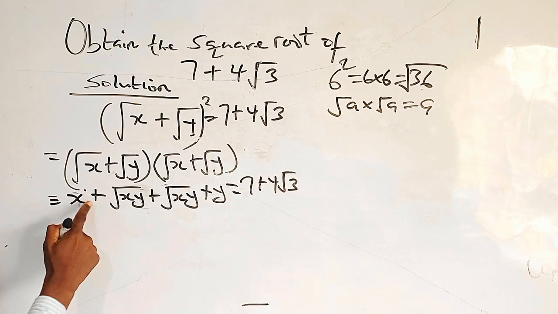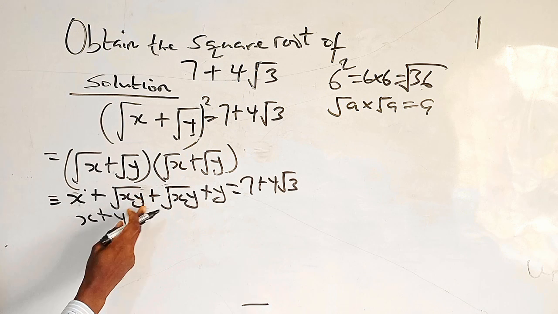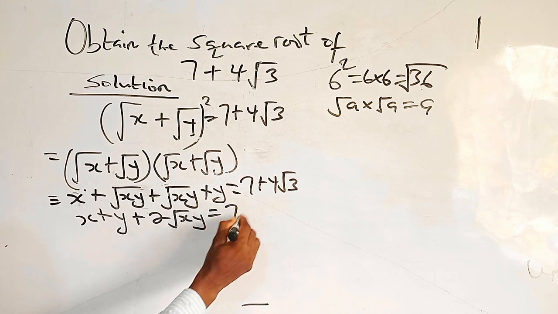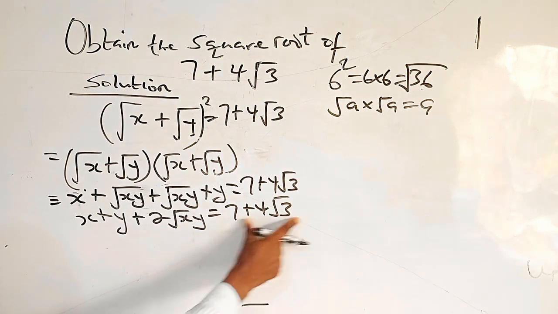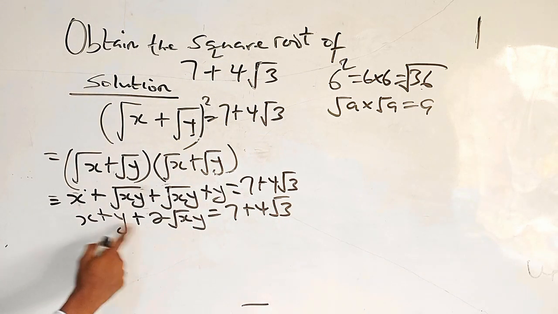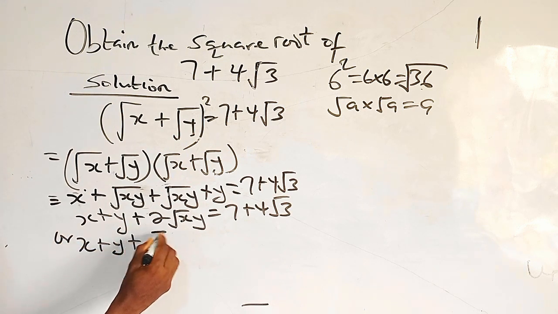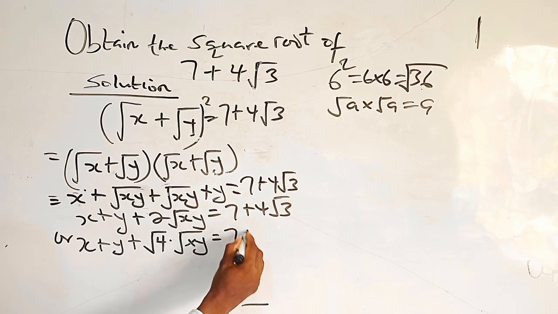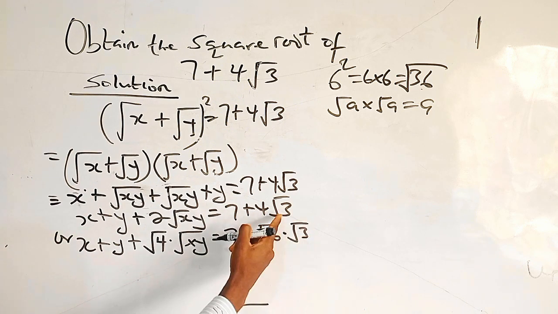So from here I can say x plus y, plus, adding the same root, 2 root xy, equals 7 plus 4 root 3. I want to obtain the square root of this. So I can write x plus y plus 2 times root xy equals 7 plus 4 times root 3.